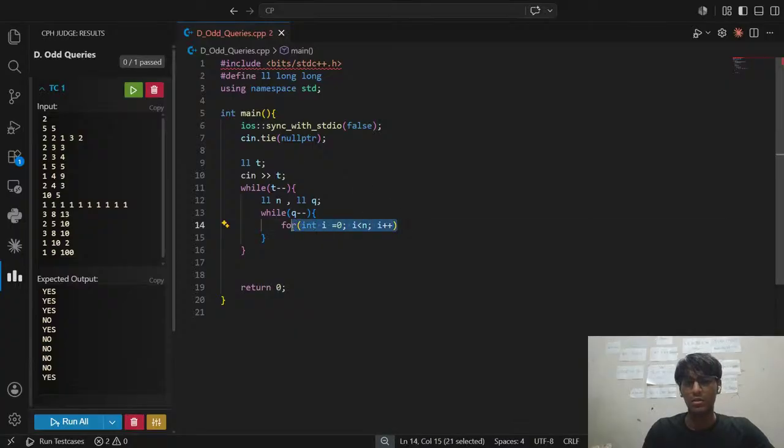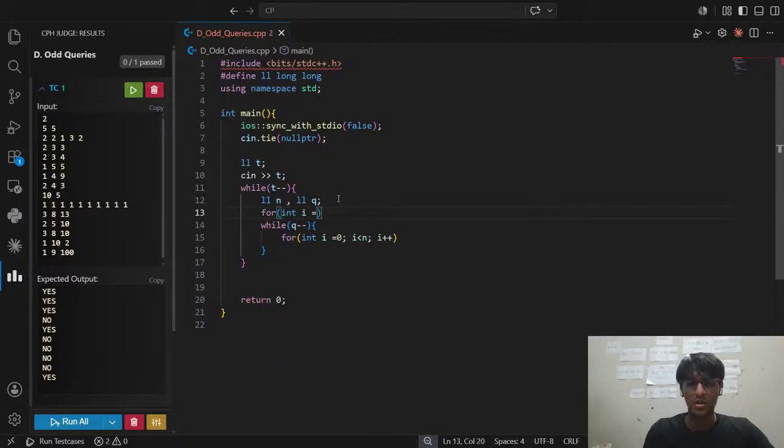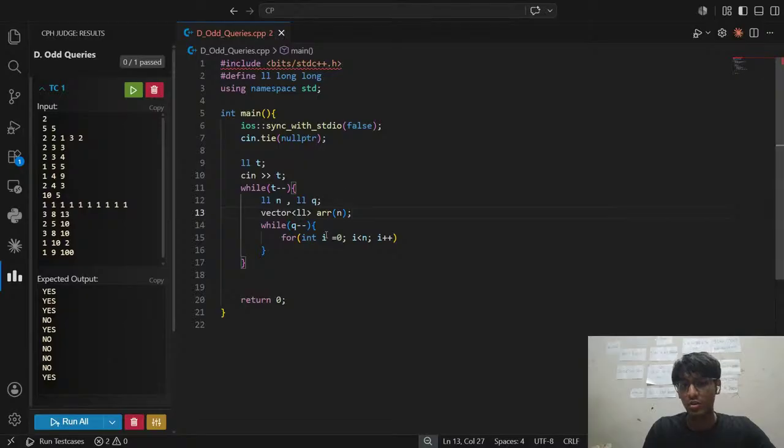The array should be taken care of outside; the user won't be given the array every time. And syntactically, if you don't write n comma 0 and only write n, then that means the same thing.